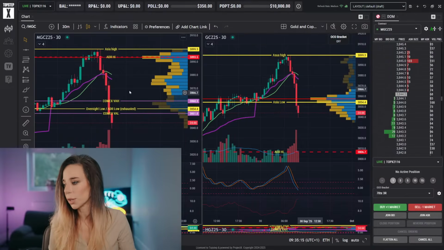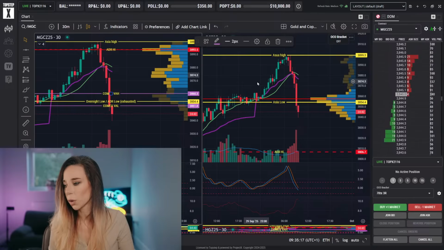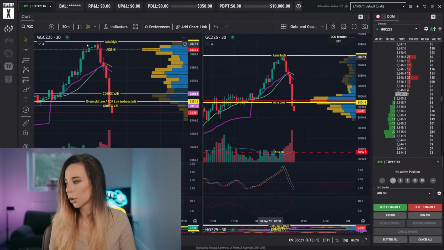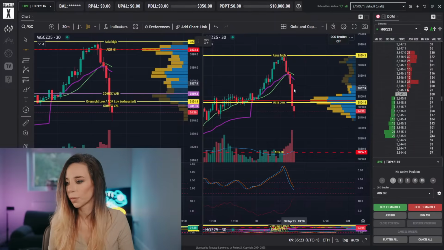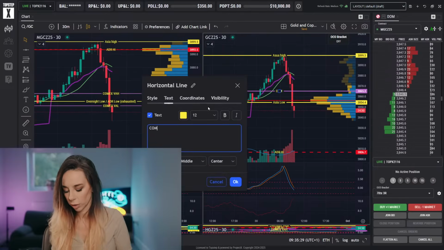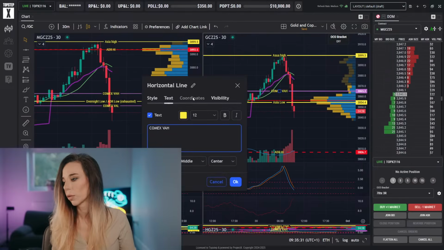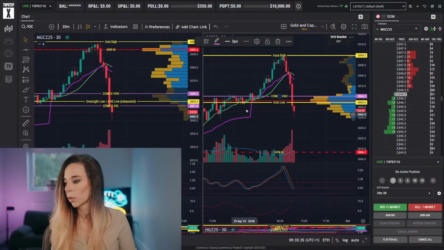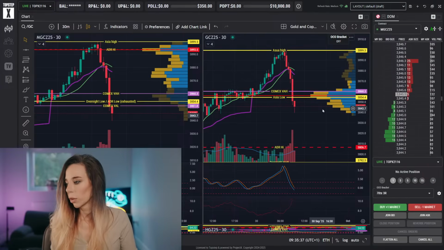So this is why that's important. COMEX value high is 3860.3. So I'm going to change this to purple. And the value low is at 3851.3.